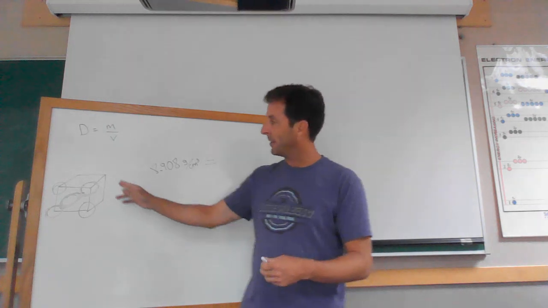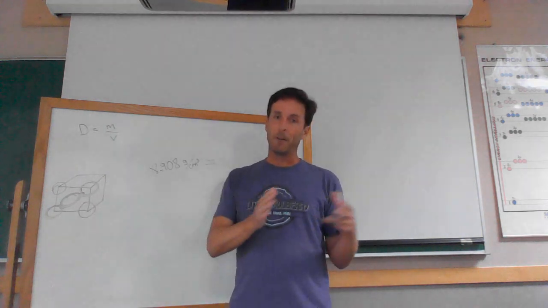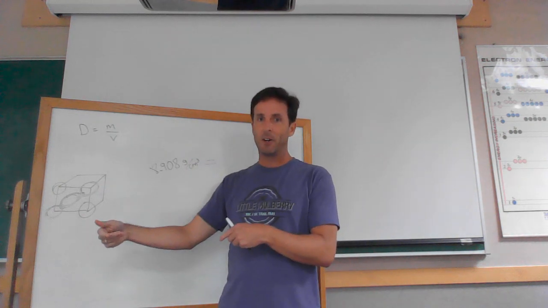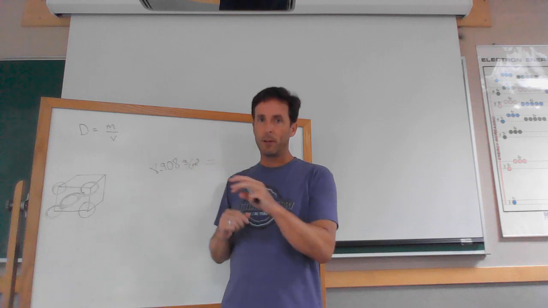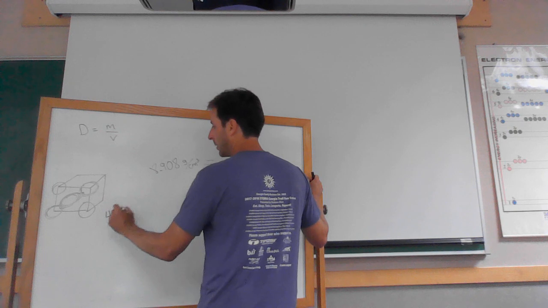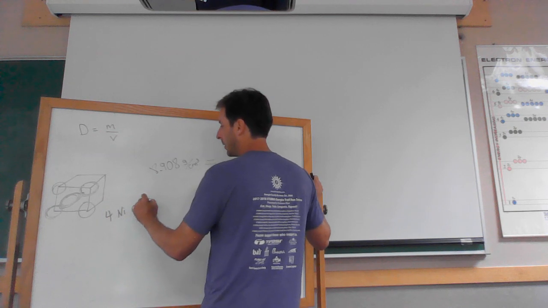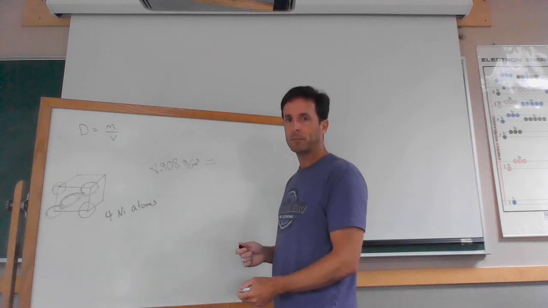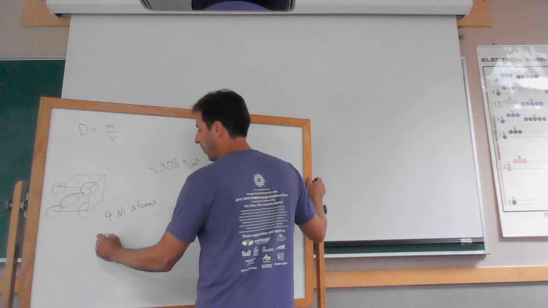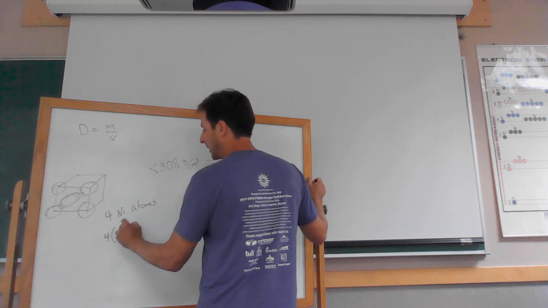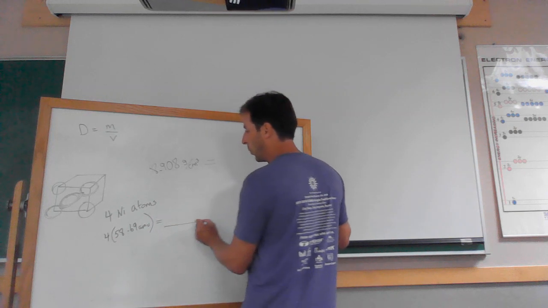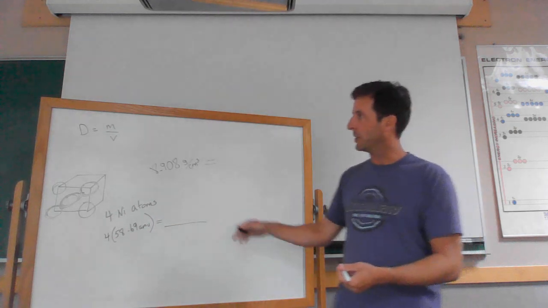I also know that if it's a face-centered cubic cell, talked about a few minutes ago, it's going to have 4 atoms inside the cell, 1 from the corners and 3 from the faces. So I know that I have 4 nickel atoms inside the unit cell. Each one weighs 58.69 AMUs. So if I do 4 times 58.69, that's going to give me the weight of the atoms in the cell, which is going to correspond to the mass.